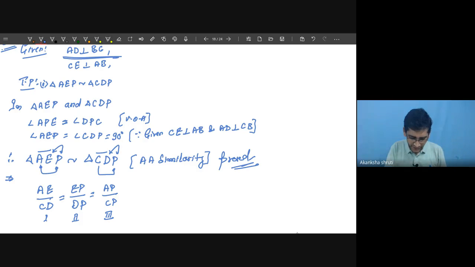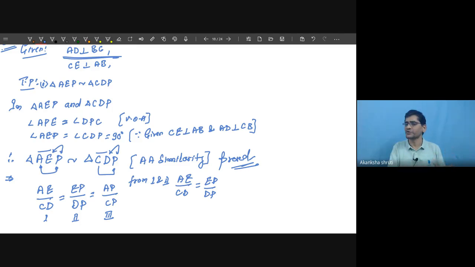So right from 1 and 2, what can I write? I can equate AE by CD is equal to EP by DP. So it may be asked just for you to prove this, AE by CD is equal to EP by DP, rather than proving this as similar.